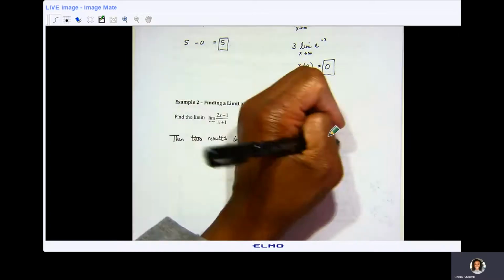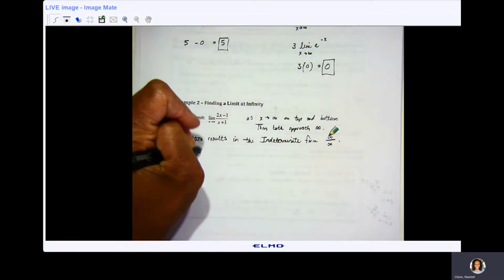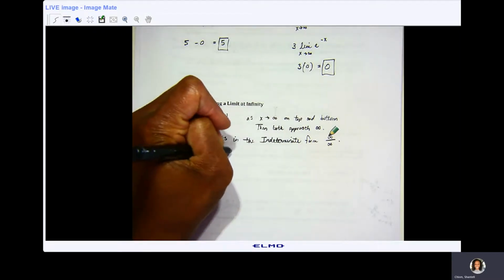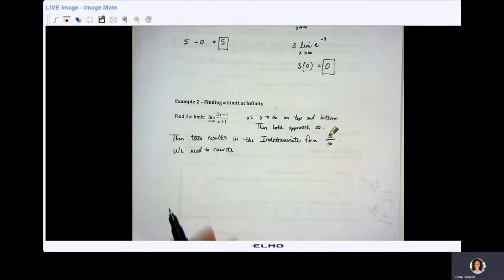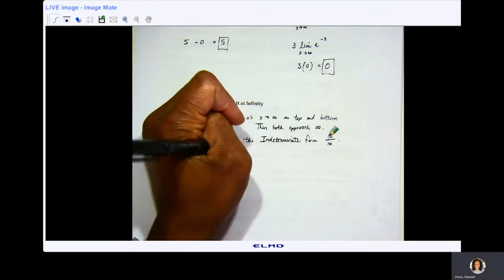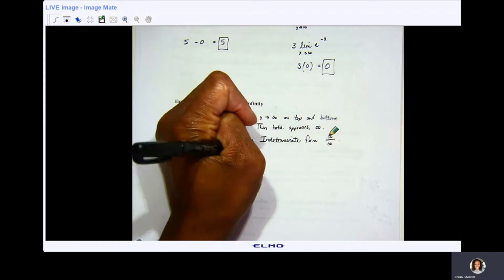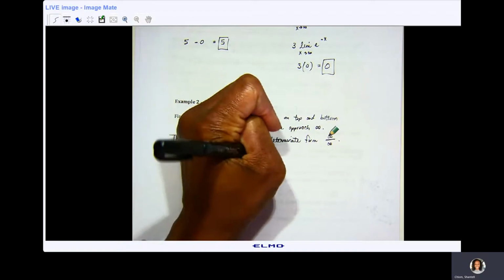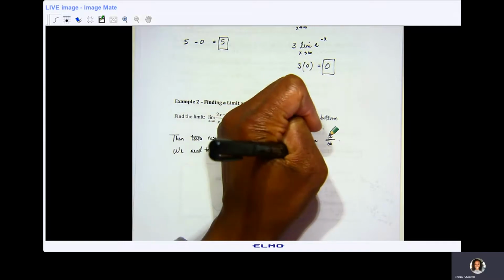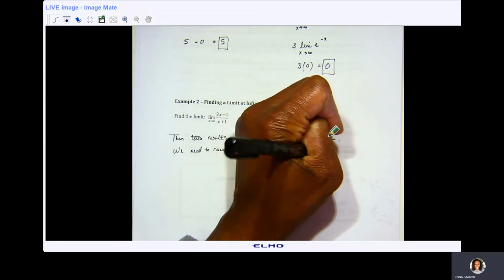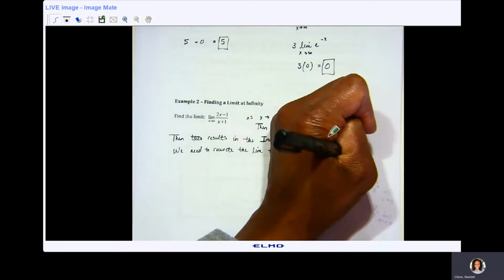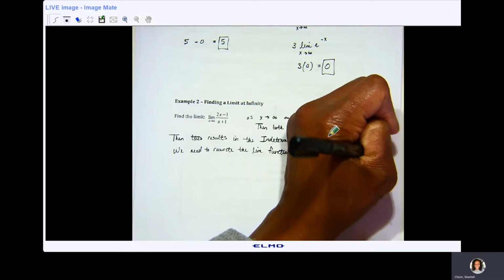So what we have to do is rewrite it in a way that allows us to evaluate the limit. Rewrite the limit function in an equivalent way that we can solve.